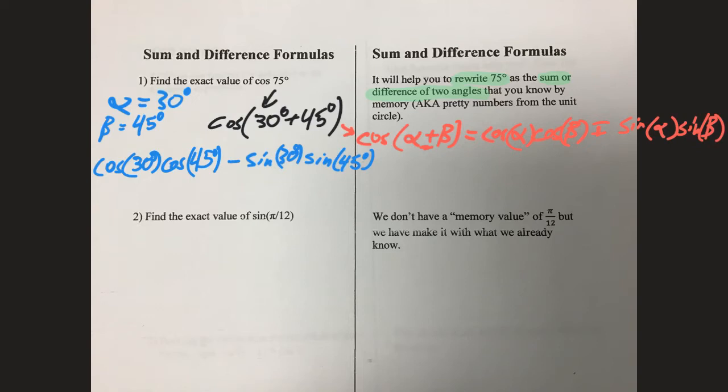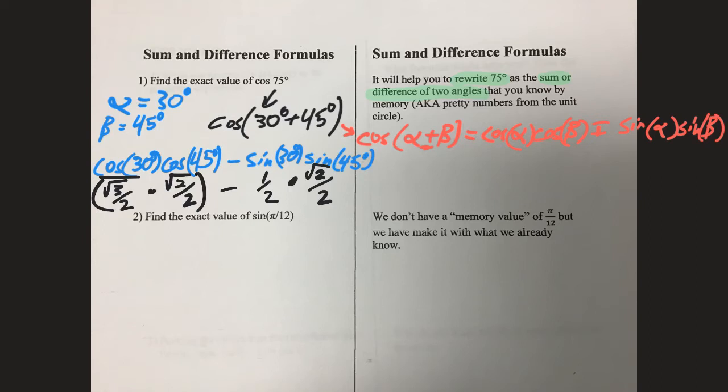And now we can find all of this information from the unit circle. So for example, cosine of 30 degrees is going to be root 3 over 2. Cosine 45 is square root 2 over 2, minus sine of 30 is 1/2, and sine of 45 is root 2 over 2.